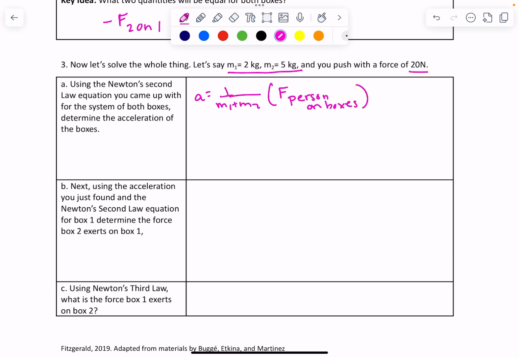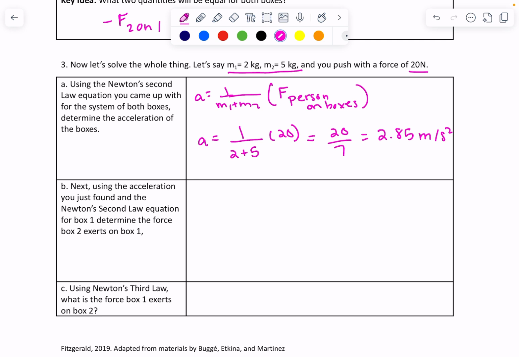Okay, so now we're just going to plug in some numbers here and we get acceleration is 1 over 2 plus 5 times 20, which is 20 over 7, which gives you 2.85 meters per second squared.